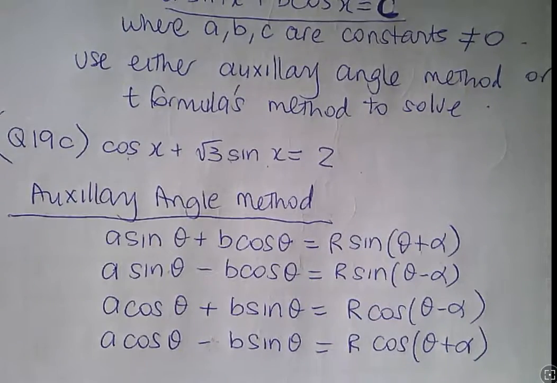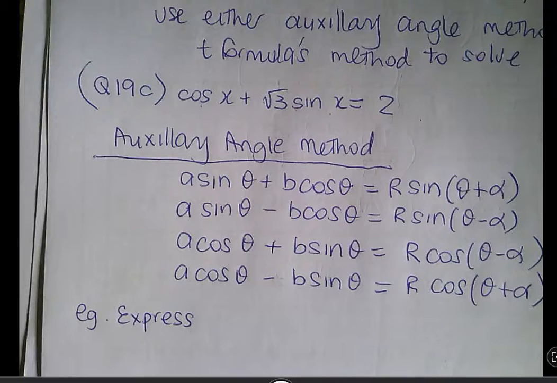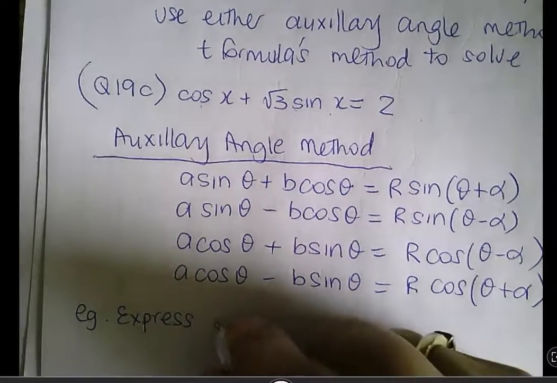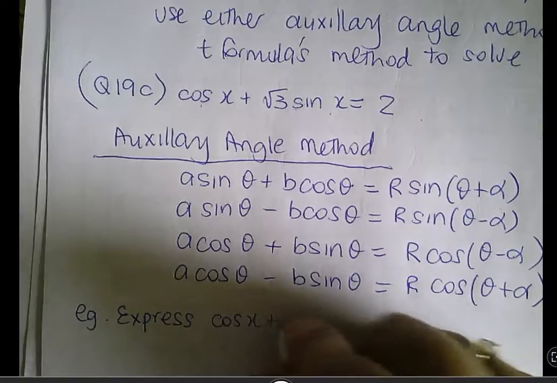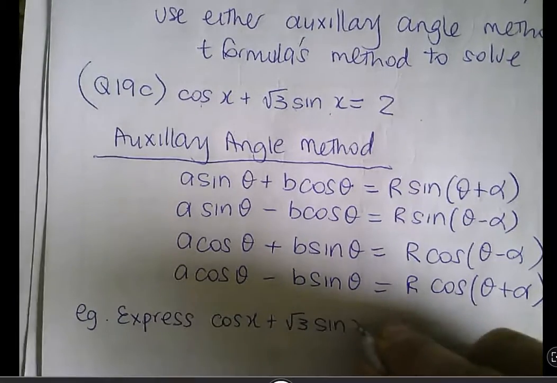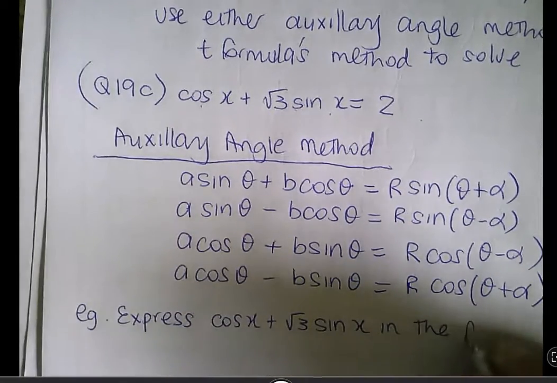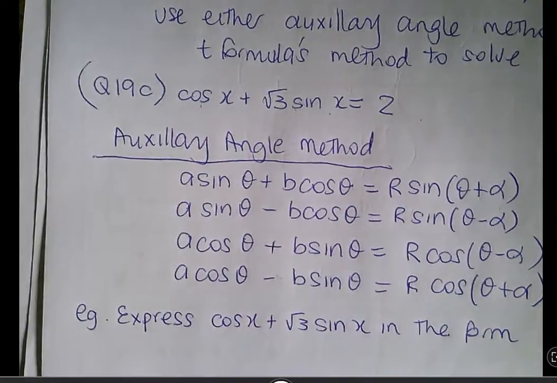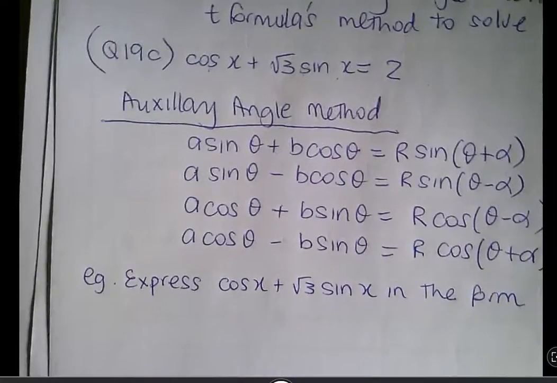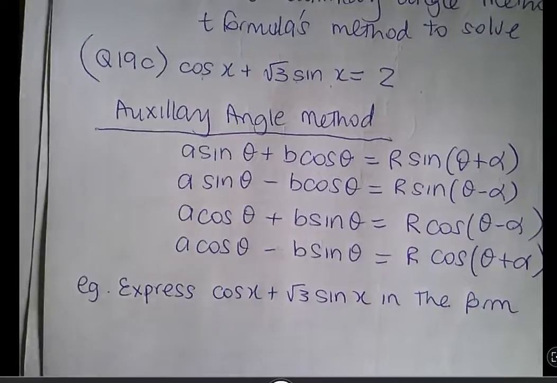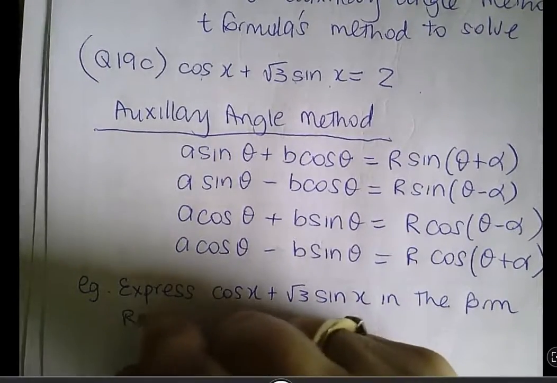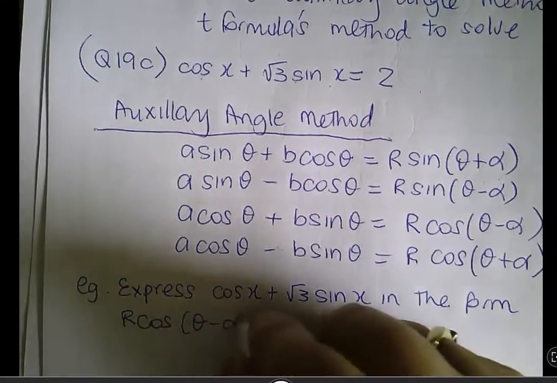So I don't want you to learn the formulas that you've been given in the book, that tan theta is whatever, and all this sort of stuff. Because often the HSC will say to you, express cos x plus root 3 sine x in the form R cos theta minus alpha.